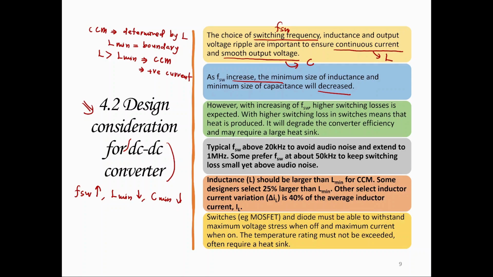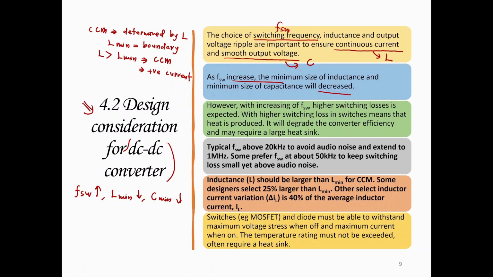Third point. With increasing switching frequency, it will lead to higher switching losses. So you increase your switching frequency, your switching losses will increase as well. Why is your switching loss increasing? Because with higher switching frequency, your switch will be turned on and off very, very fast.